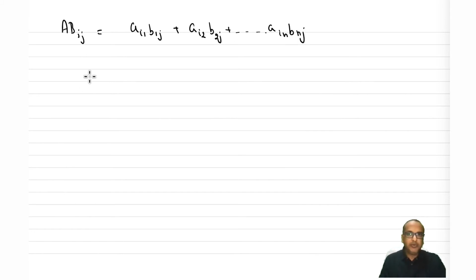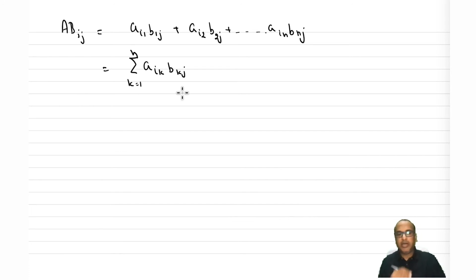This is easy to see. So we can also write this as AIK BKJ, where K goes from 1 to N. We can write it as a summation. This is a general element AB IJ.